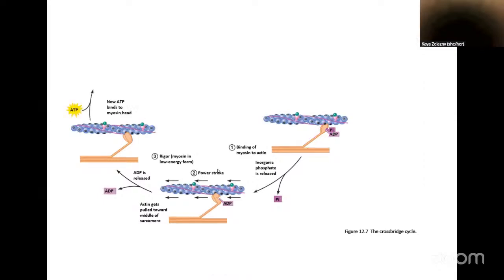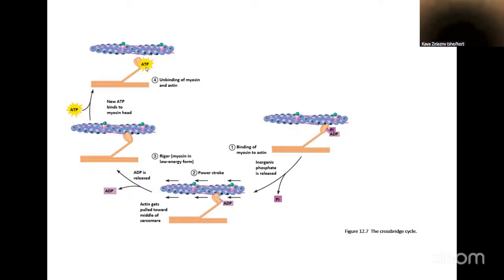Okay. So since our ATPase site is free now, after this rigor step, when we have our myosin in its low energy form, we now have room for a new ATP molecule to bind in to that site on the myosin head. Okay, so for 4, what happens is the ATP binds onto that ATPase site.